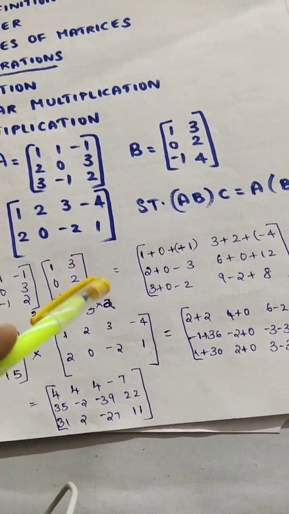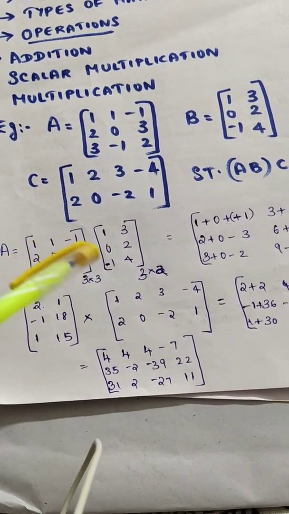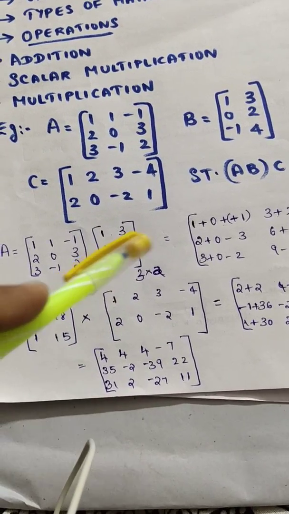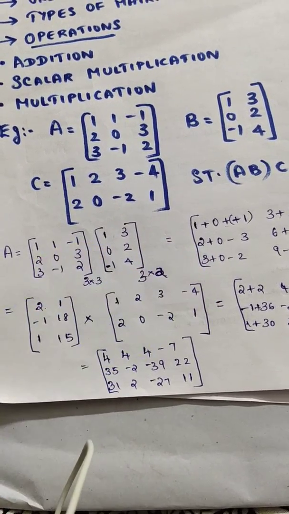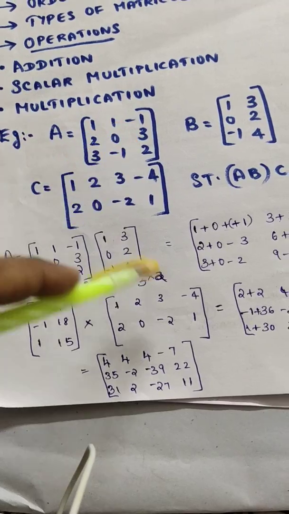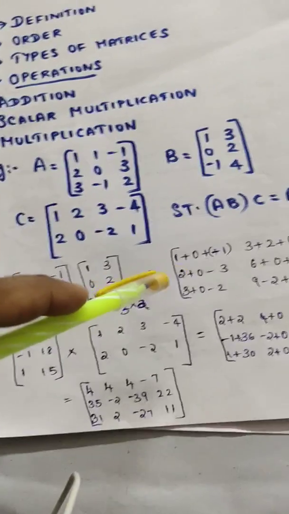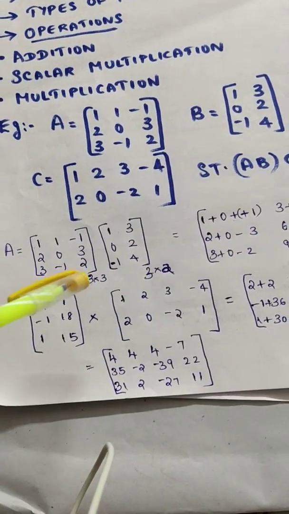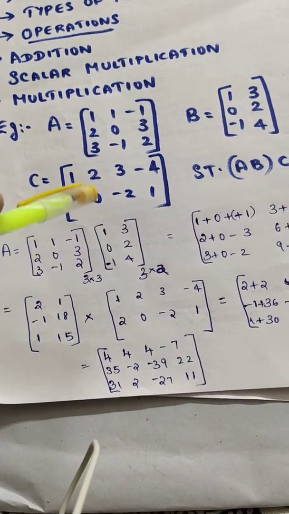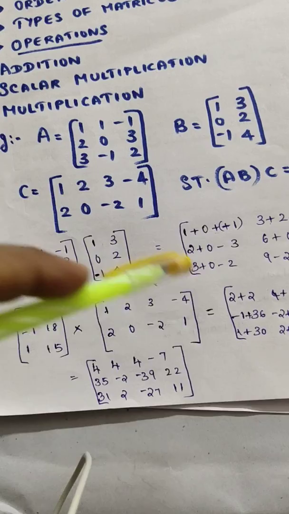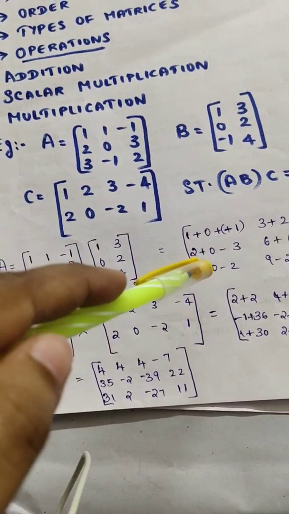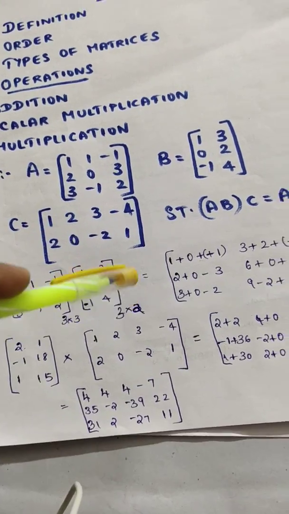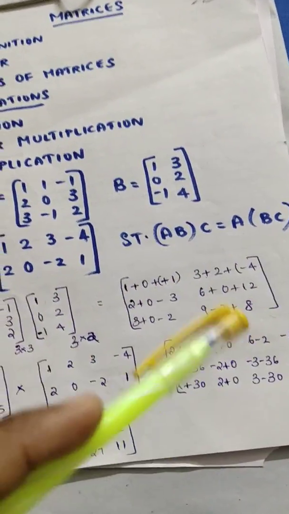Now there are no more columns in B, so we will move to the second row in A. The second row is multiplied with the first column in B, which will give you the element in second row, first column. Again the second row is multiplied by the second column in B, which will give you the element in second row, second column. Now we will go back to the third row in A. The third row is multiplied by the first column in B, which will give you the element a31, that is third row, first column. Then the third row is multiplied by the second column, which will give you the element a32.